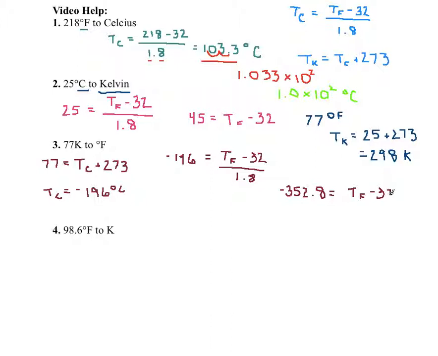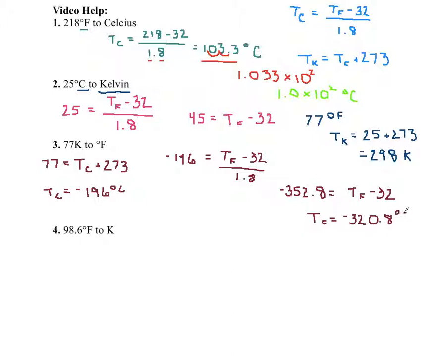And then you're going to add 32 to both sides to get rid of this 32. So add 32 to this side, add 32 to this side. And when I do that, I get that TF equals negative 320.8. Now, as I'm writing this, think about what the last step I did was, and that was addition.